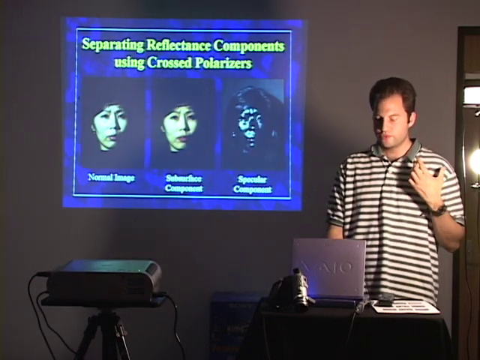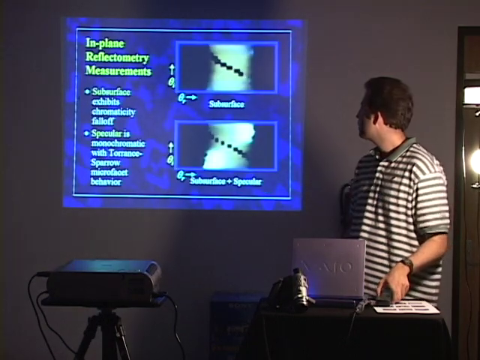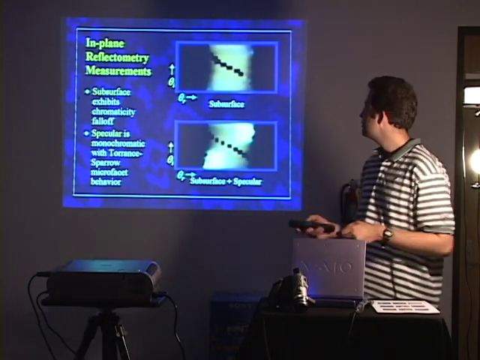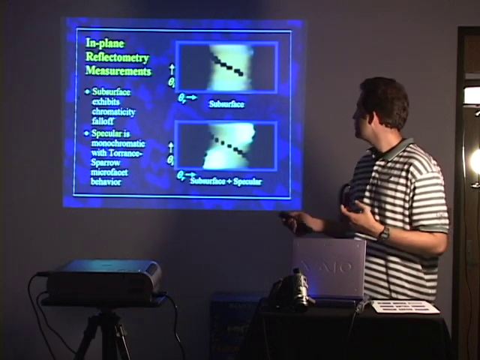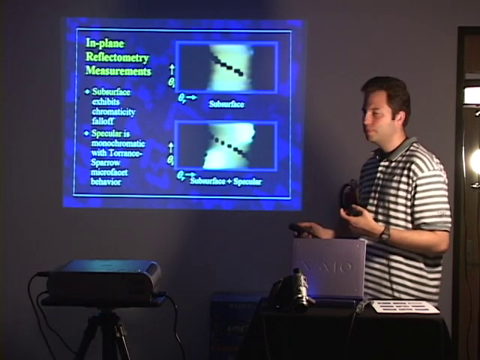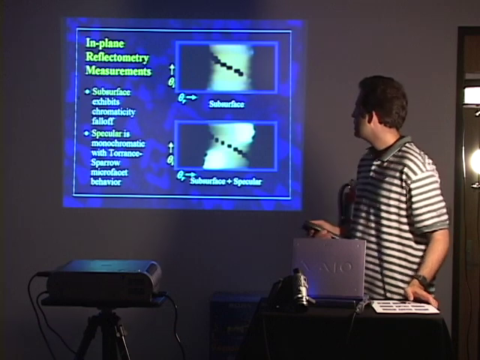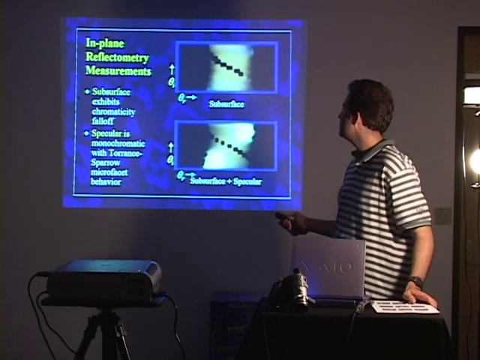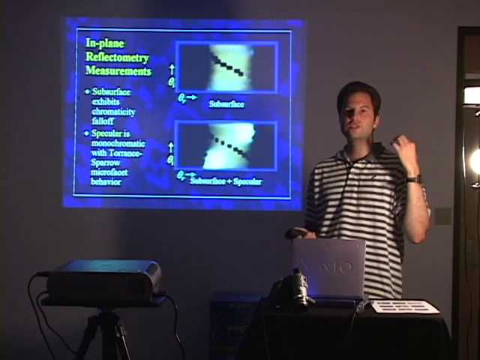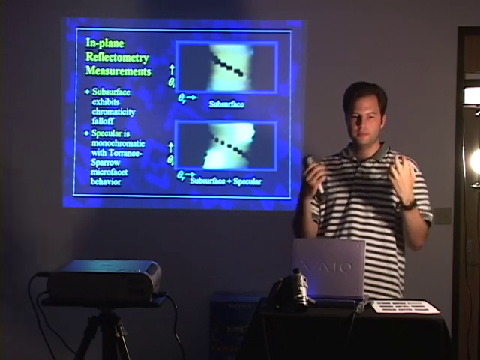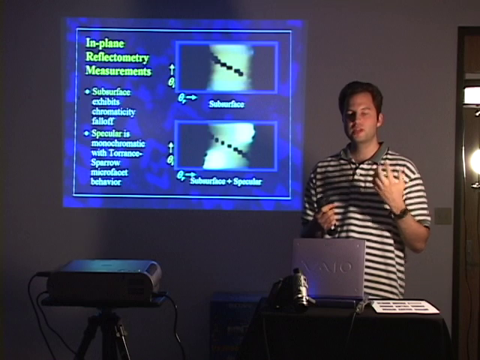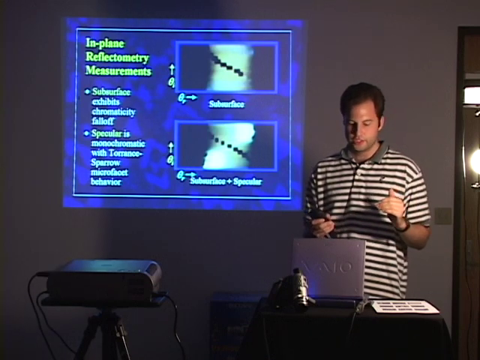So this allowed us to perform a reflectometry experiment where we looked at several angles of incident light and radiant light to examine what the subsurface and the specular components were doing. And we noted a couple of things. First of all, the subsurface reflection exhibits a chromaticity falloff. That is, when you get to grazing angles, the amount of saturation of color in the subsurface component tends to diminish.